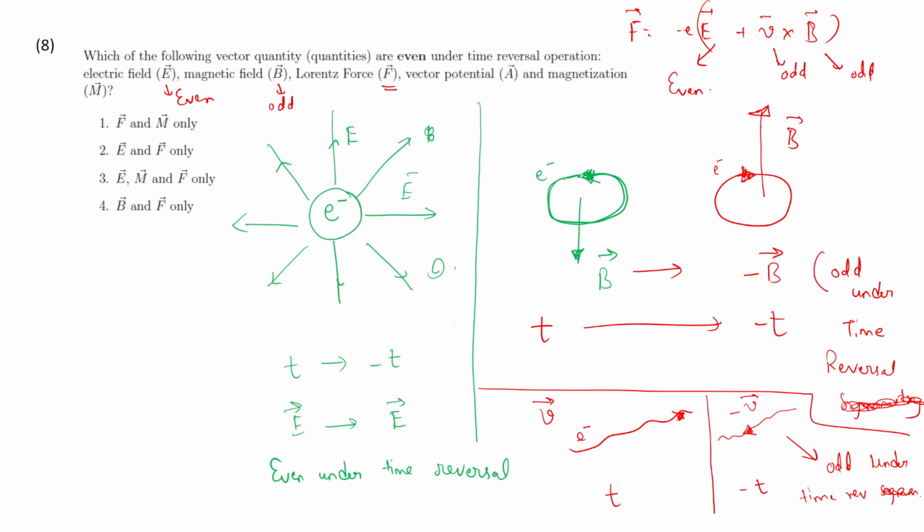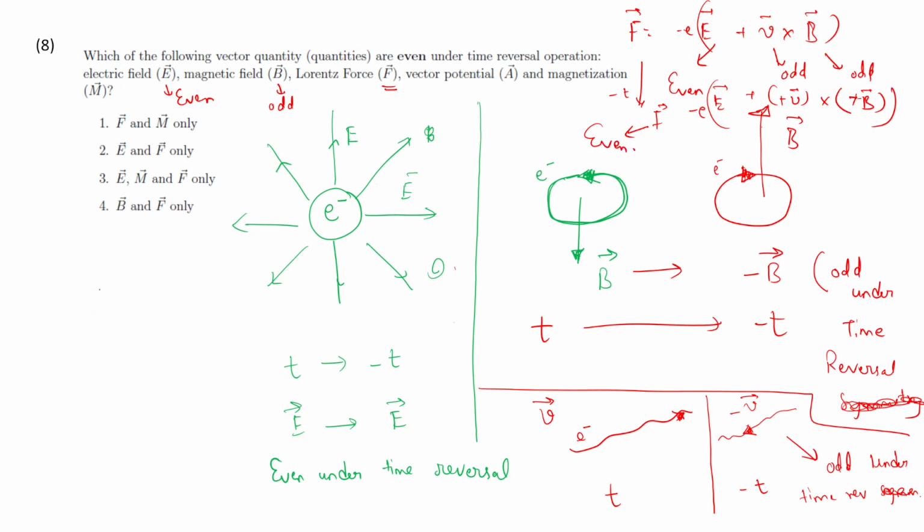So if you do a time reversal, E will stay as E, the velocity will go to minus V, and the magnetic field will go to minus B because they are odd. This minus minus will cancel. So what you get is basically the same expression for F. So F is also even under time reversal symmetry.